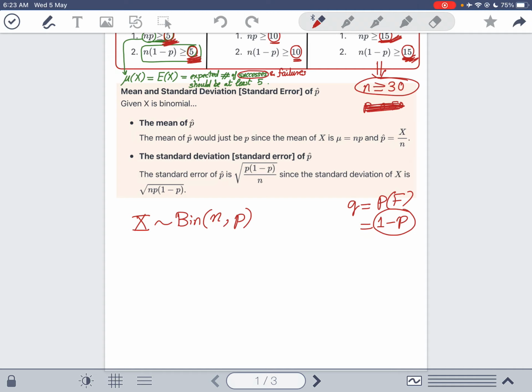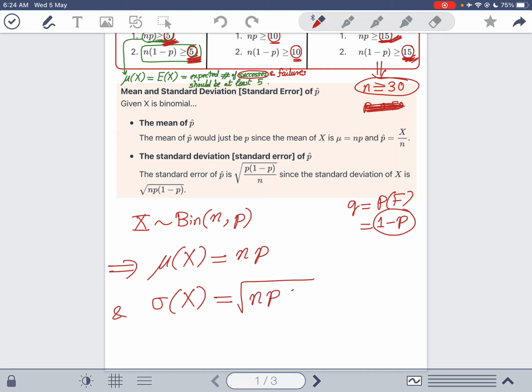So we know that the mean of this binomial random variable is n times p, and the standard deviation of a binomial random variable is the radical of n times p times q.